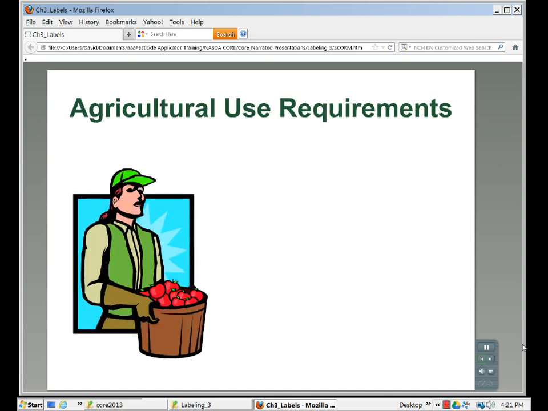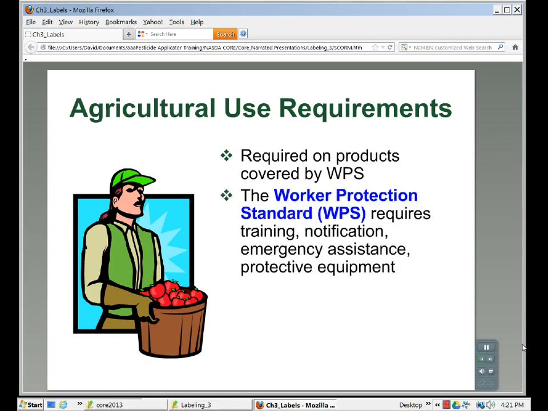This is a section on labels for agricultural products that require compliance with the Worker Protection Standard. The Worker Protection Standard, or WPS, is a federal law that has specific requirements for training, notification, emergency assistance, and protective equipment for agricultural employees.